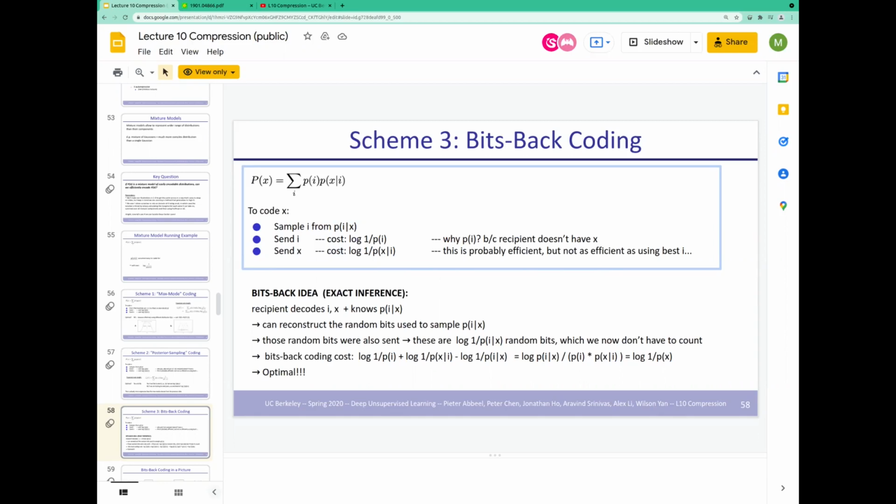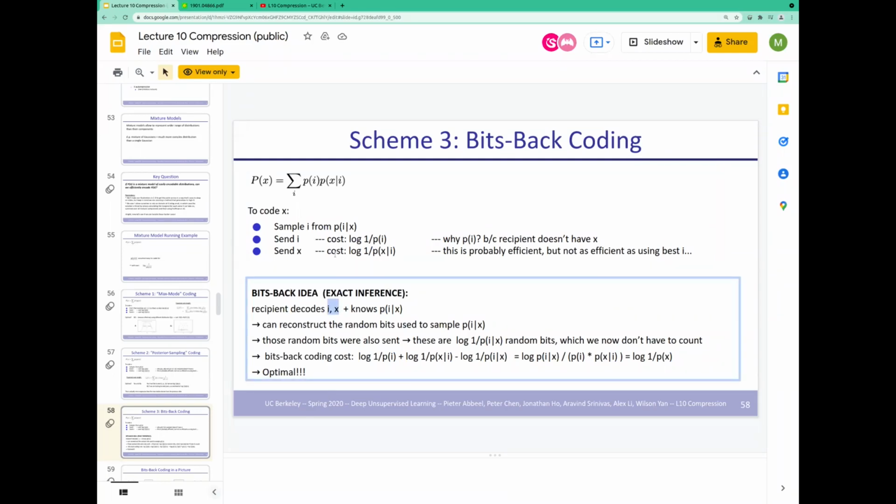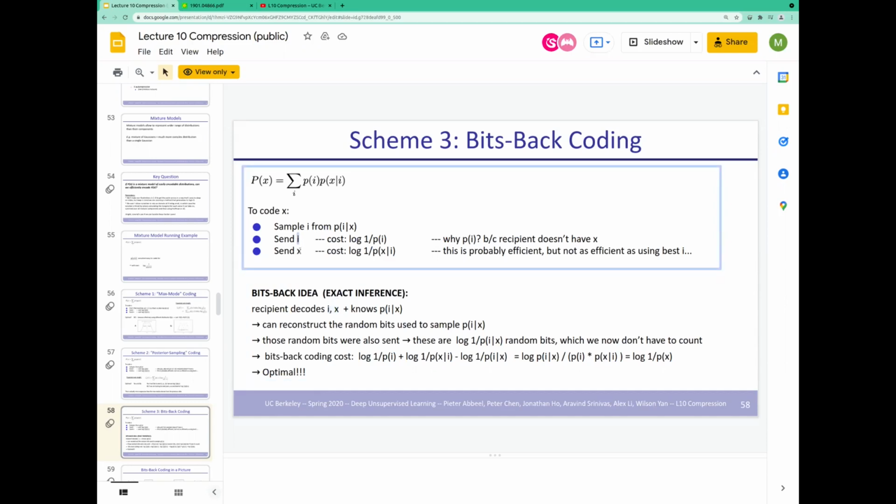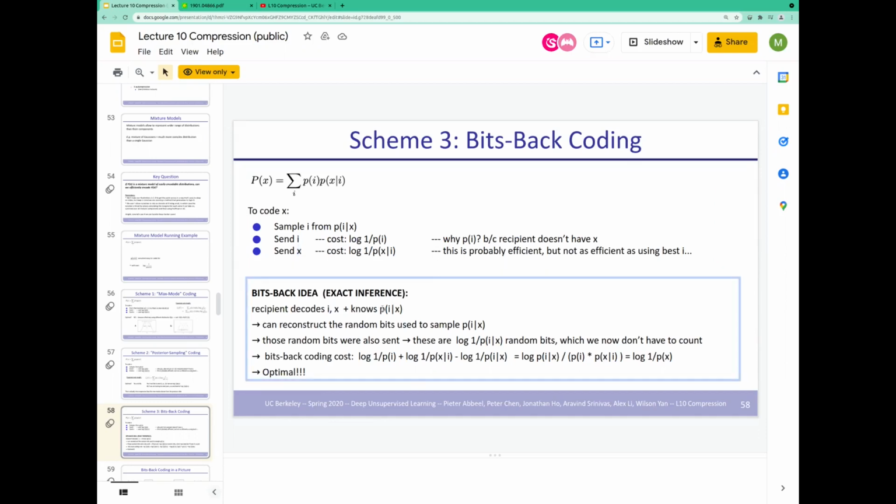The bits back comes from the fact that when the receiver receives the message, it can decode i and x. Plus, it knows pi of x because that is shared between the models. But what is different here is that it can also figure out how you sampled i.